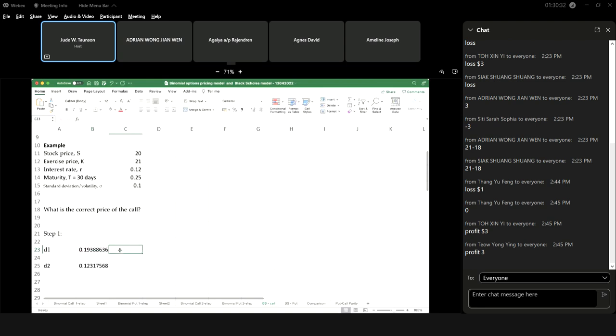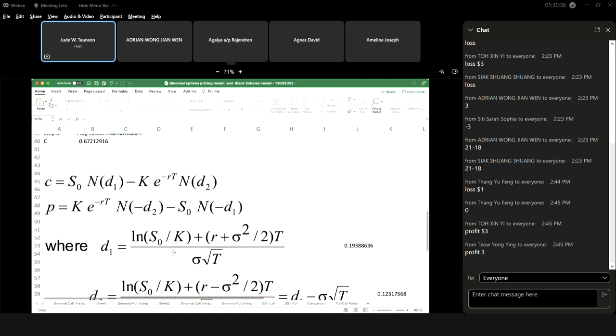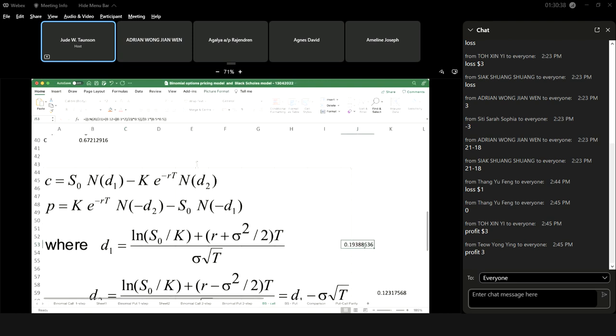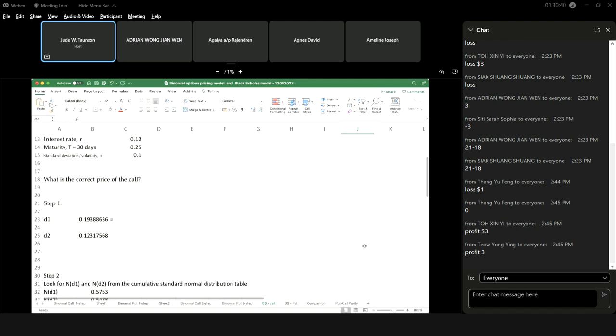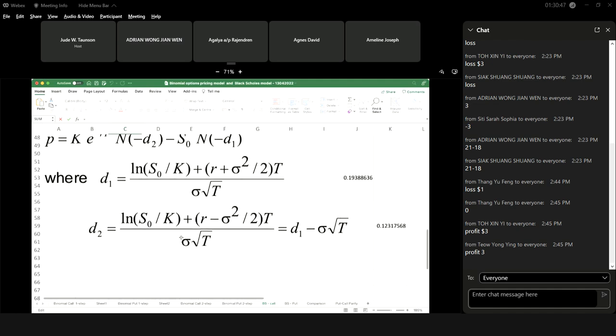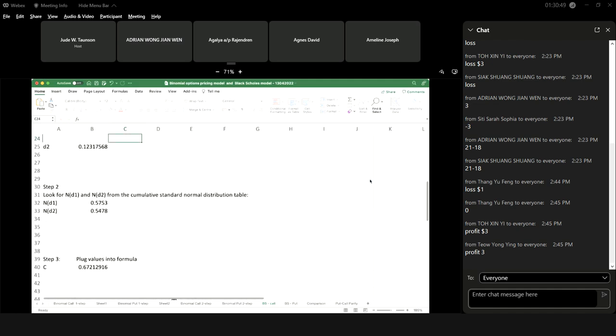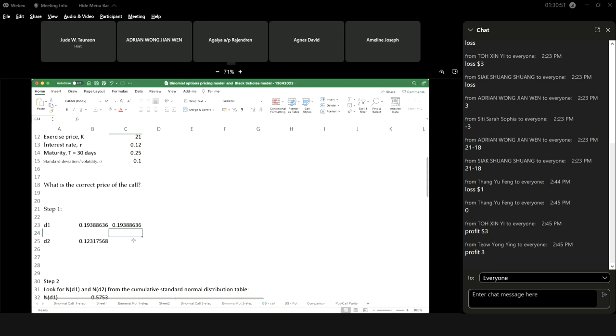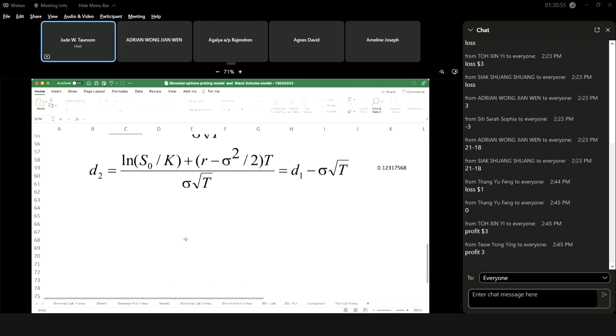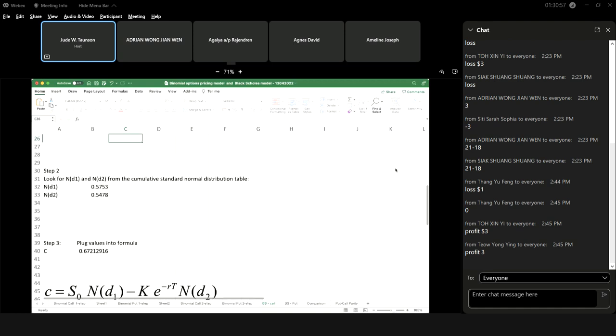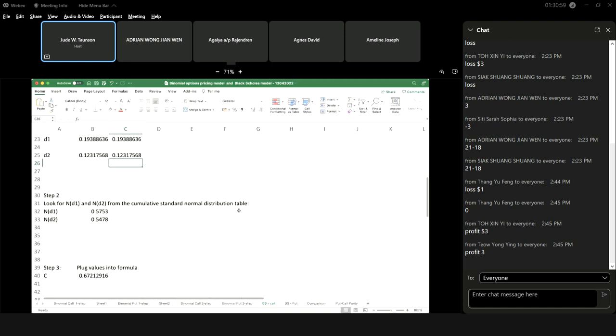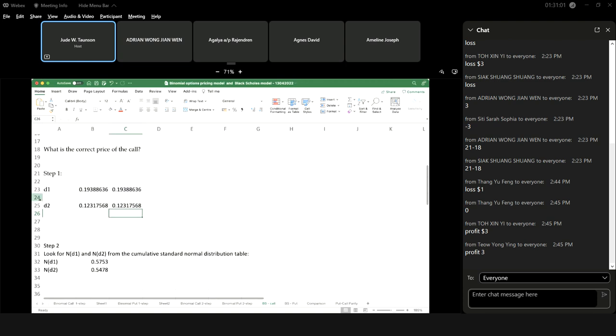D1 is equal to this amount, right? And D2 is equal to this amount. Okay?